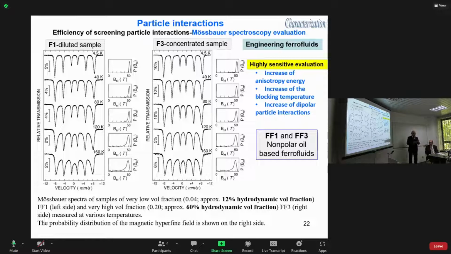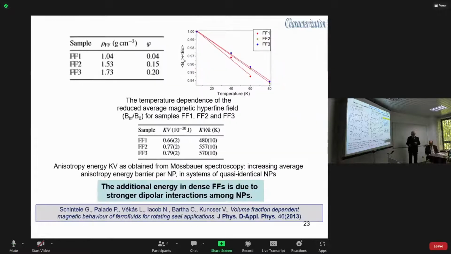The concentration makes, of course, the dipolar interactions increase, which were not seen in rheology, were not seen in the magnetization curve, but are evidenced very well in Mössbauer spectroscopy. And here you have this dependence of the anisotropy energy depending on the packing. It shows that the interactions exist and they can show up, but they do not cause clusters, which is very important for a good therapy.